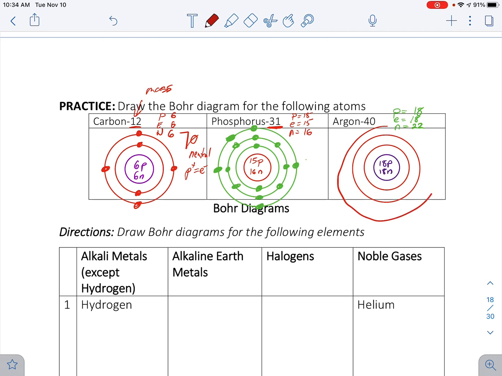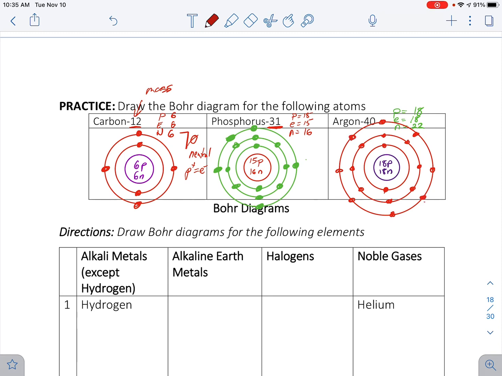And then, now it has more electrons than phosphorus, so I think I'm going to be safe in saying that I need at least 3 shells. Okay, 1, 2, 3, 4, 5, 6, 7, 8, 9, 10, 11, 12, 13, 14, 15, 16, 17, 18.